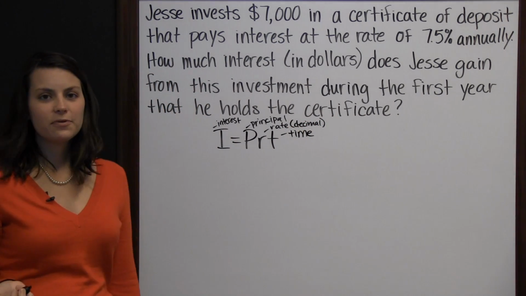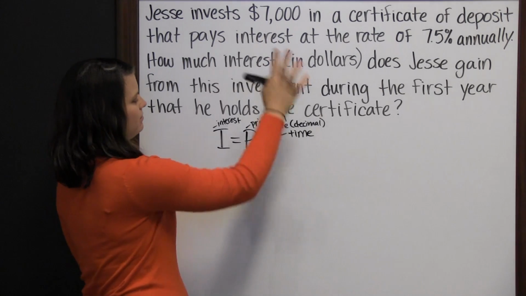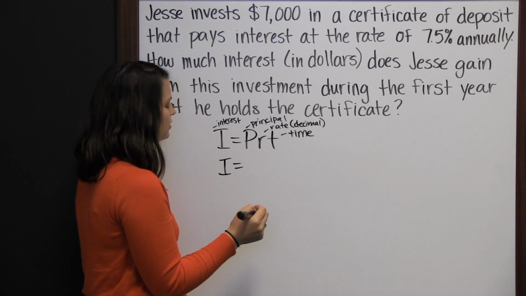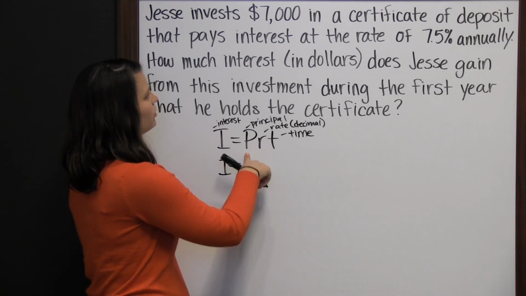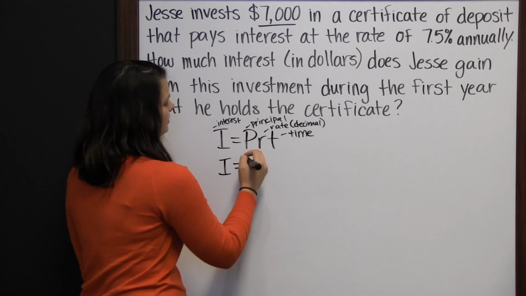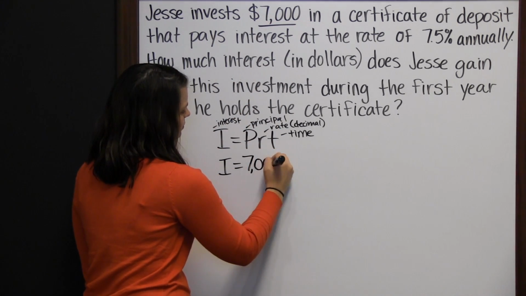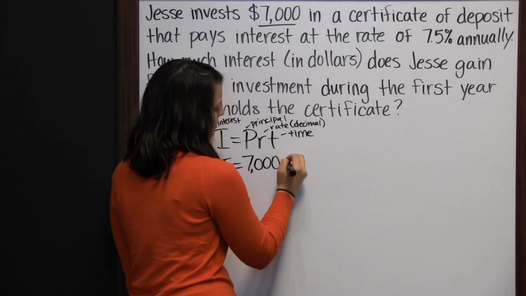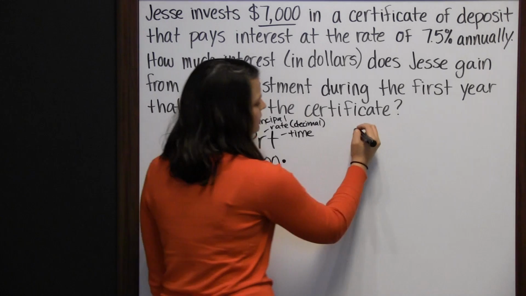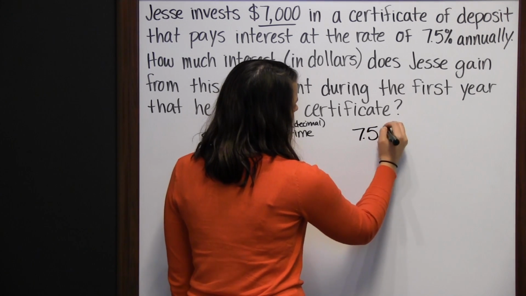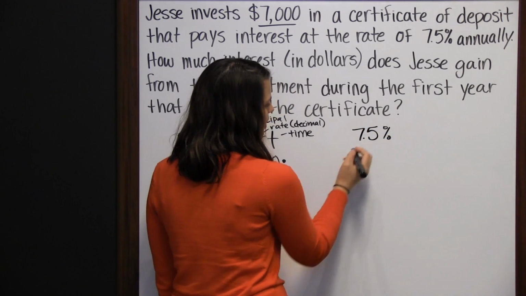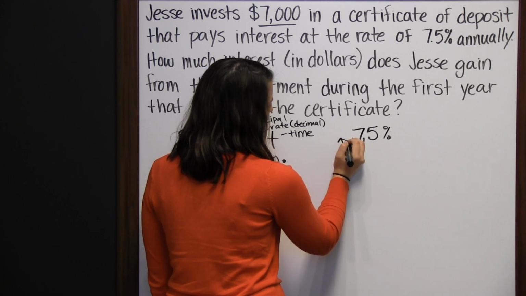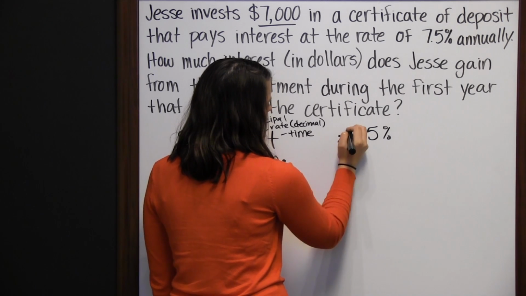So we're going to take our information from our problem and plug it in. Our amount of interest is equal to the principal, $7,000, times the rate as a decimal again. So we're taking 7.5% and changing it to a decimal, which means moving the decimal 2 places to the left.